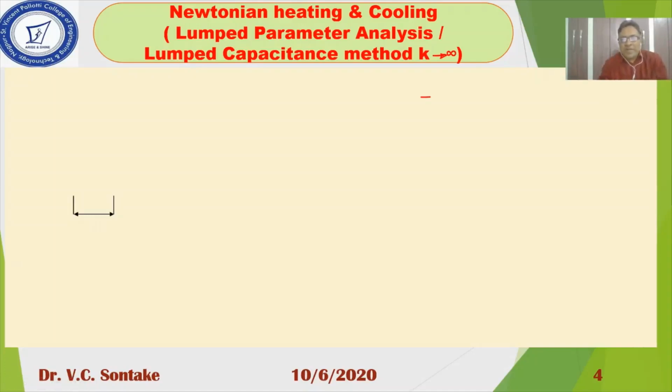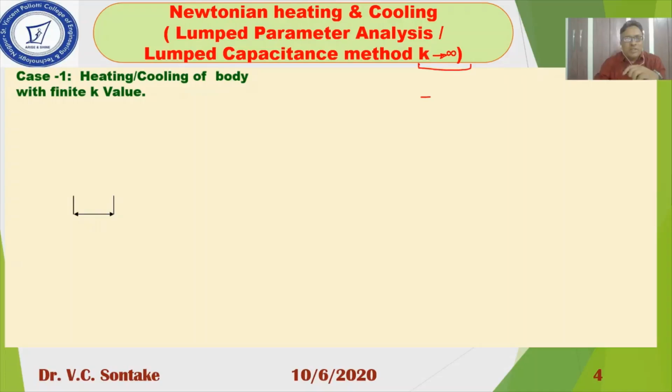The lumped parameter analysis or lumped capacitance method is used to study transient heat conduction phenomena when the thermal conductivity of the object, which is in transient state or unsteady state, is infinite. This is the prerequisite condition to apply lumped parameter analysis. Now, what is this method all about? So let us discuss this method.